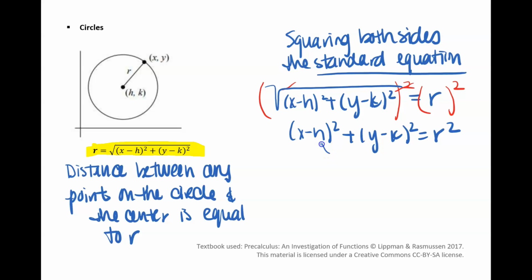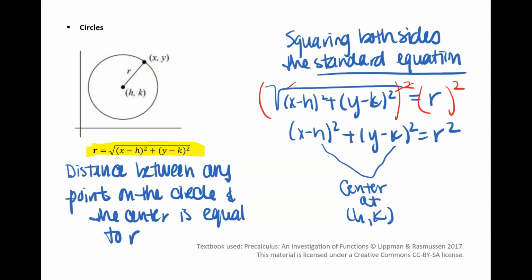What this shows me is this (h, k) right here is the center at h comma k. We started with the Pythagorean theorem, we moved it into our distance formula, and now we've gotten to the point that we can apply it to our circles.